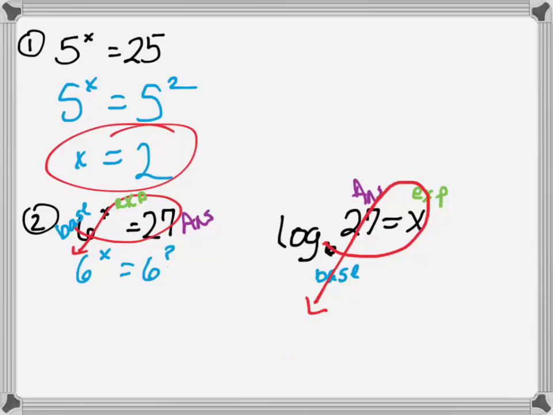Now, why do we have logarithms? Are these actually used? Well, exponential problems are used often in growth and decay problems where we see a quick growth or a quick decay, like in bacterial growth or radioactive decay, or hopefully if you're looking at compounding interest, there's actually exponential growth in that.